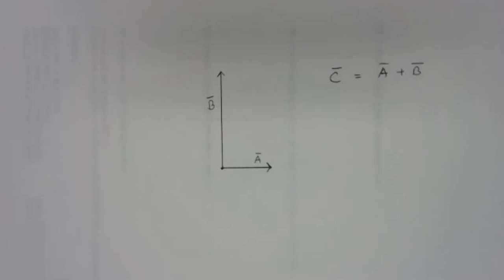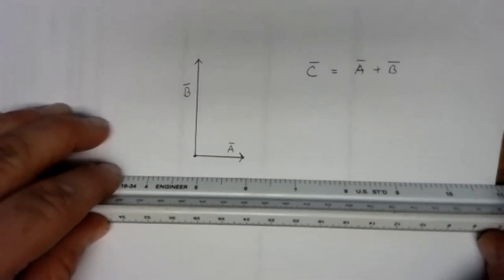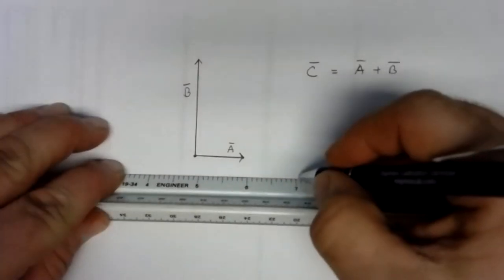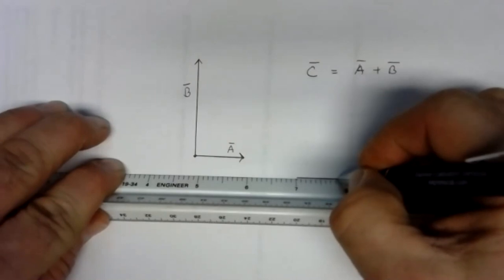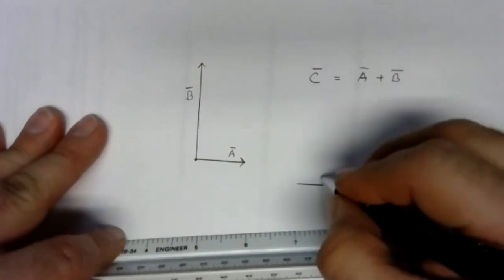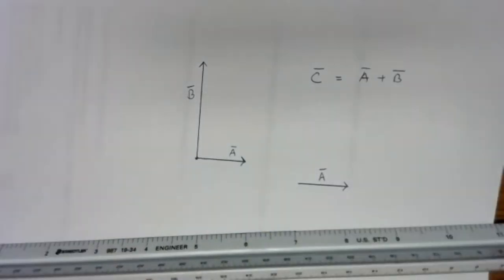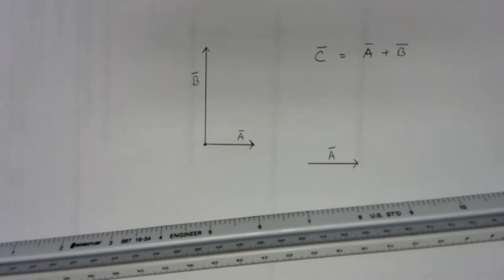So I'm going to redraw this just a little bit. I can redraw A anywhere I want. So I'm going to redraw A down here. As long as I keep it the same length and in the same direction, those two vectors are still the same. Vector A and vector A are the same.